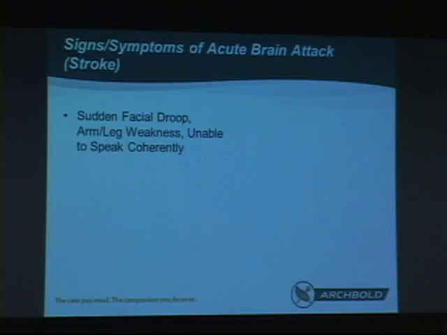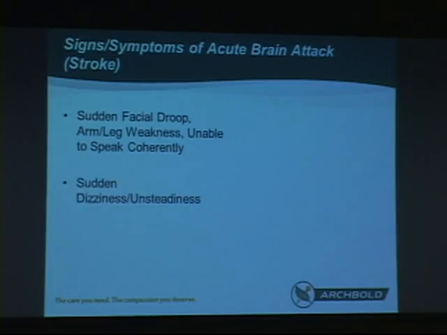Numbness could be many, many things, but it's the weakness we worry about. Okay? And there's a very easy test to do, and I'll show you guys that. Okay? And unable to speak coherently. Whatever they try to speak, nothing comes out, or their speech is garbled. Okay? They're trying to say something, but they don't make sense. All right? These are the symptoms.